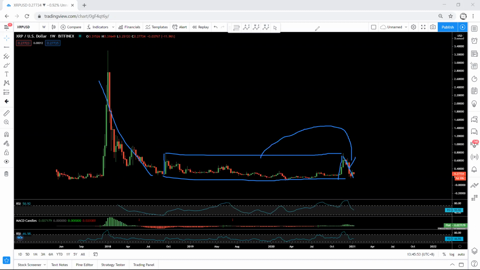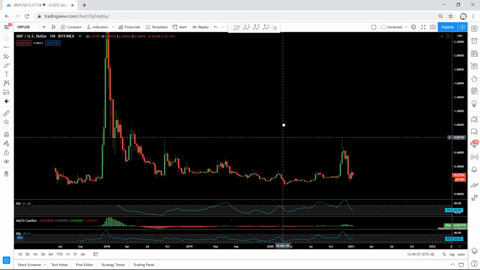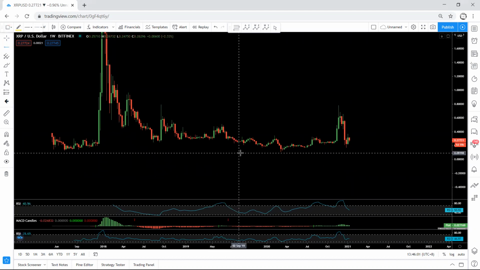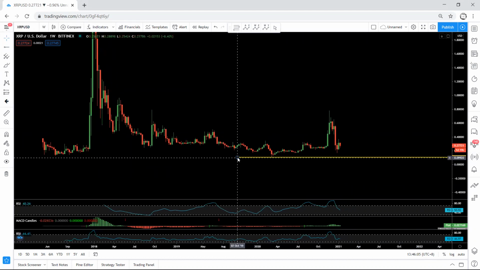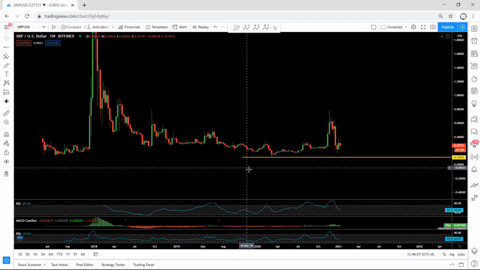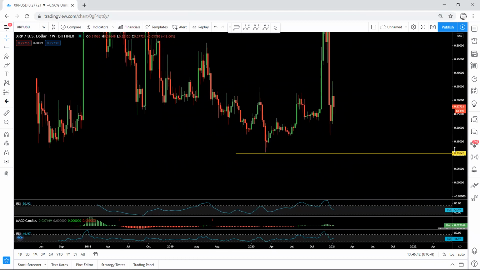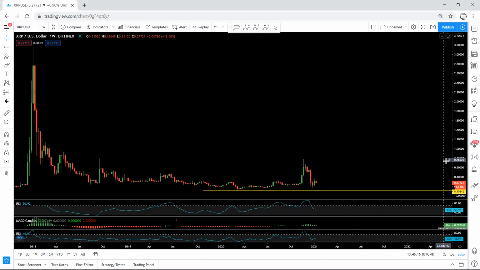What's the next move? In this case, if we want to follow this correction, that means we should expect the price to break this low, which is 10 cent. Let me put it more accurately. Yes, it's 10 cent.